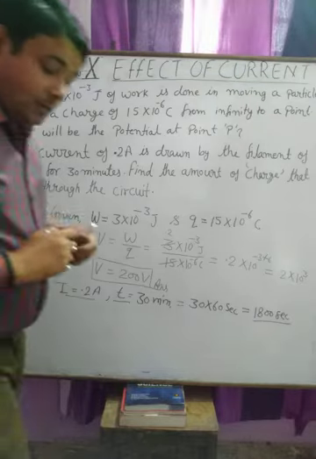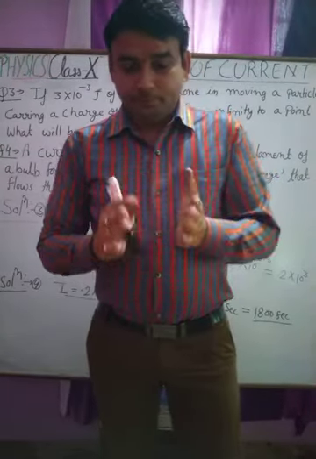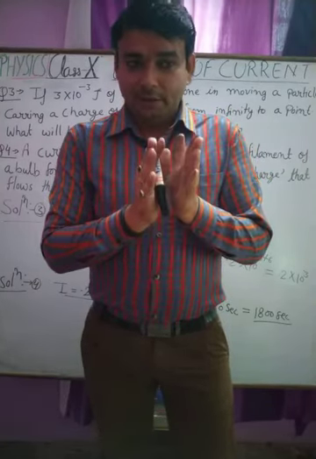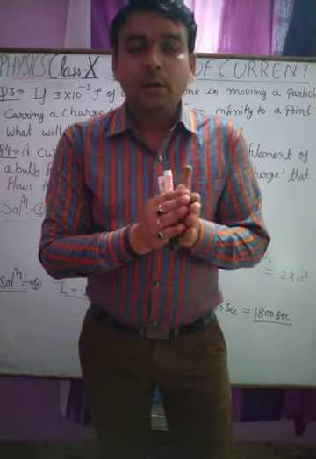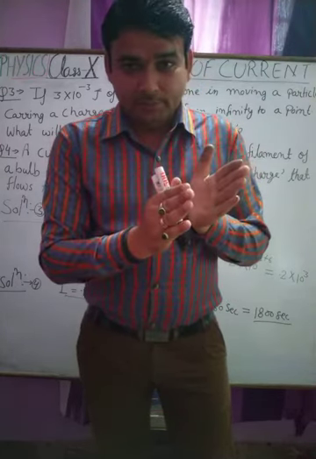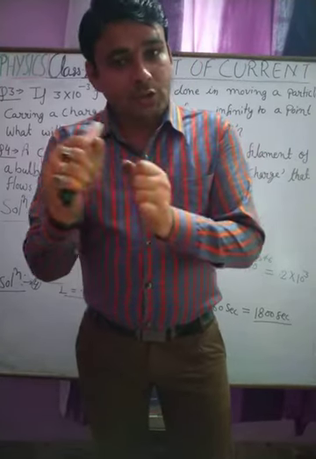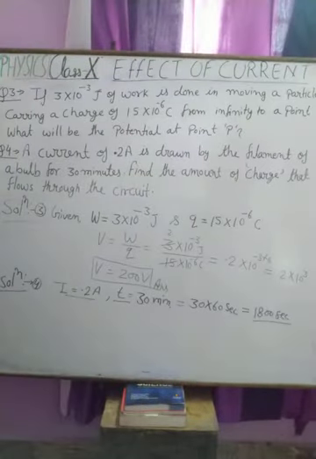So we have to find the value of charge. By definition, electric current is defined as the charge passing through a cross section in unit time.